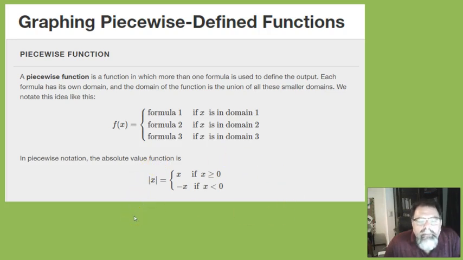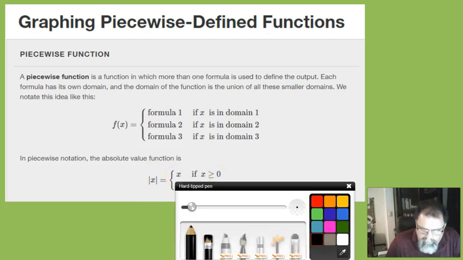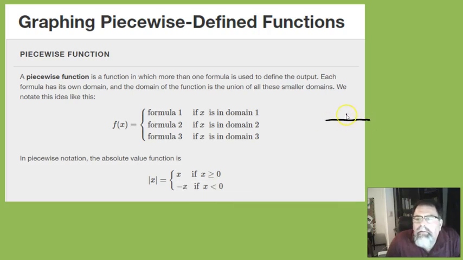There's 2 cases. If x is greater than or equal to 0, well, think about what kind of numbers are greater than or equal to 0. So here's 0. Greater than or equal to 0 would be all these numbers. So if x is 0, you're going to use this one.